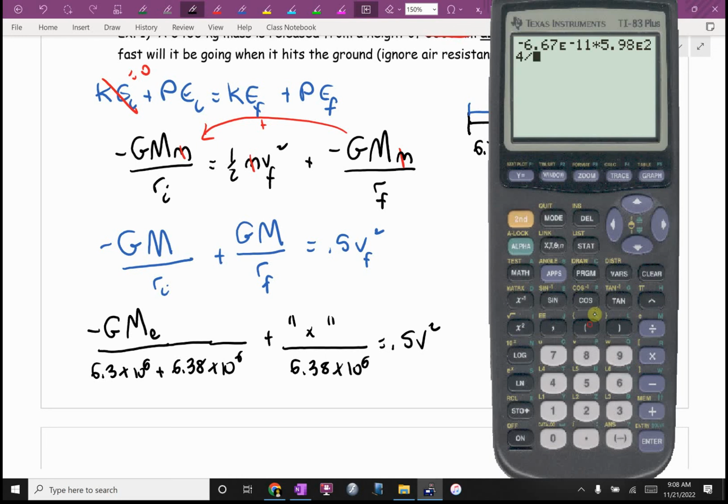For me, I have to put brackets around the bottom: 6.3, scientific notation 6, plus 6.38, scientific notation 6. Close off the bottom. If you hit enter, you should have negative 3145630915. Get that on your calculator, please. If you didn't, now is your chance to ask.